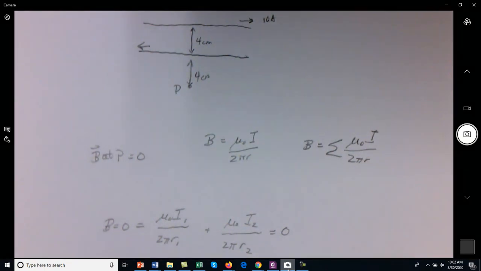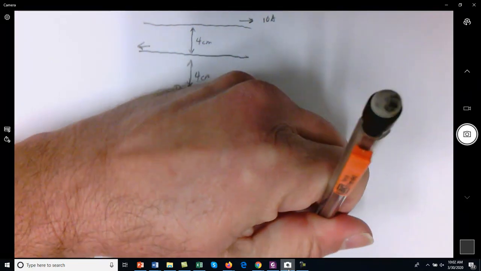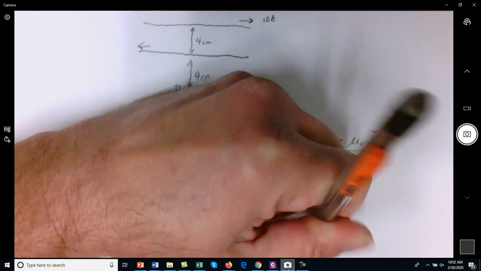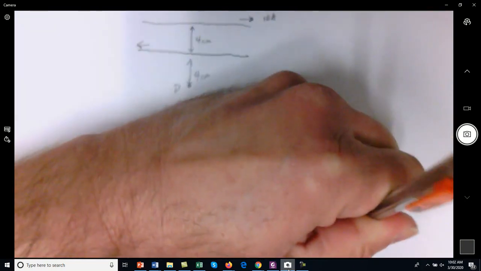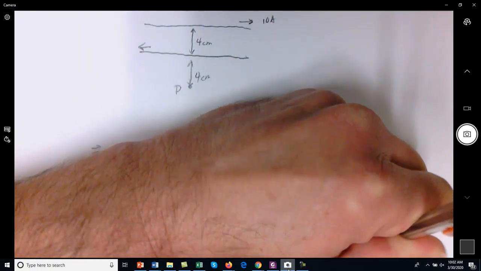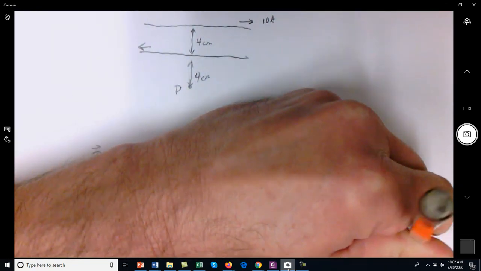We can distribute terms here. We know that mu naught and 2 pi are just going to be collected, so we can write it as mu naught divided by 2 pi times I1 over R1 plus I2 over R2 equals 0.